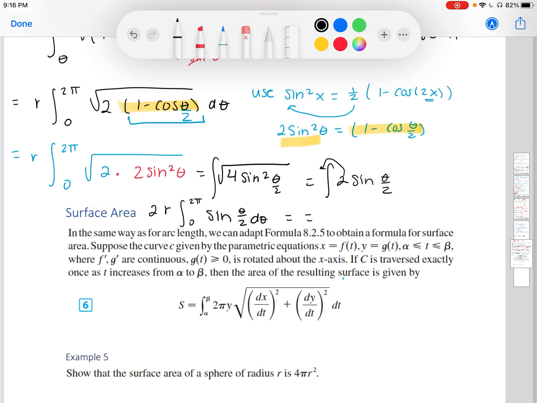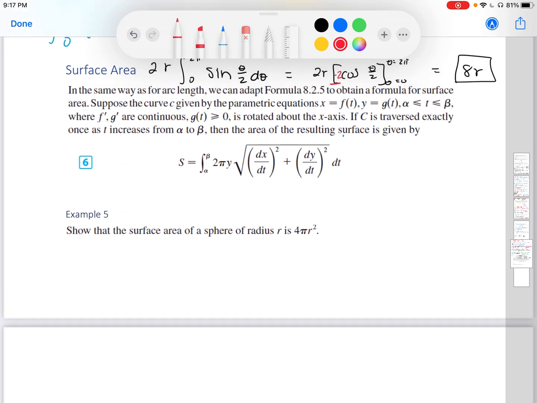And we get cosine of theta over 2 once we integrate. And our answer from here would be 8r. As I'm looking at my work, I see that I have a negative 2 here. I think I missed a 2 somewhere, so keep an eye out for that.